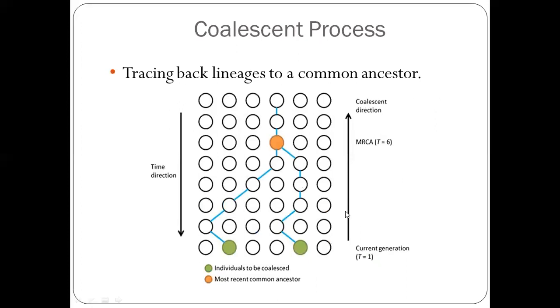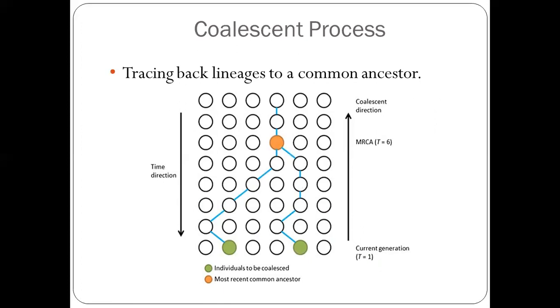Next, we discuss something that is very important to understand genomics and evolution, which is coalescence. A coalescent process is the process of tracing back lineages of a population to a common ancestor.